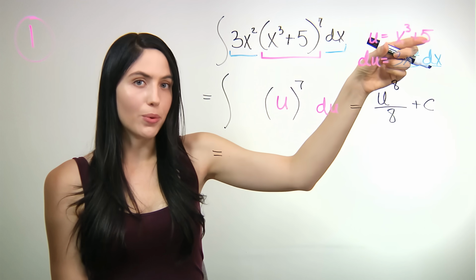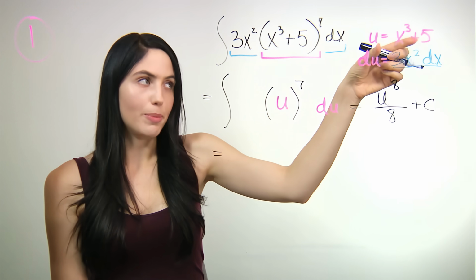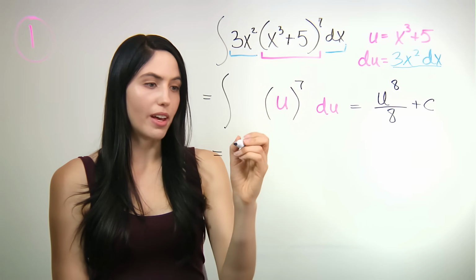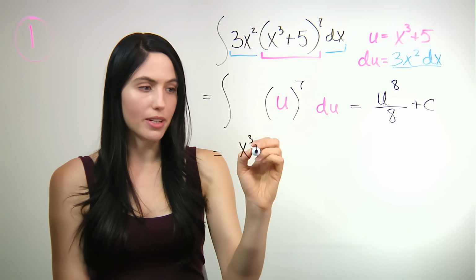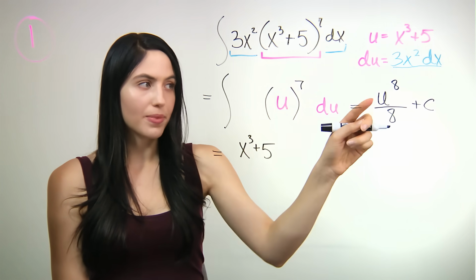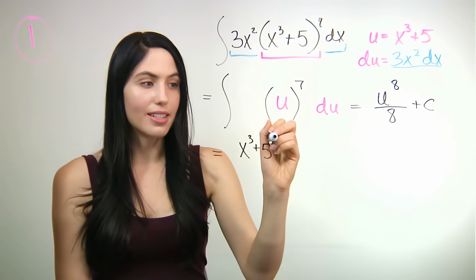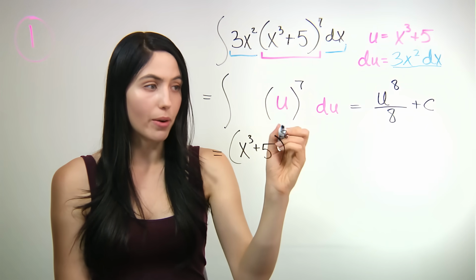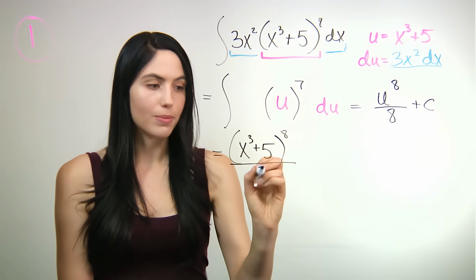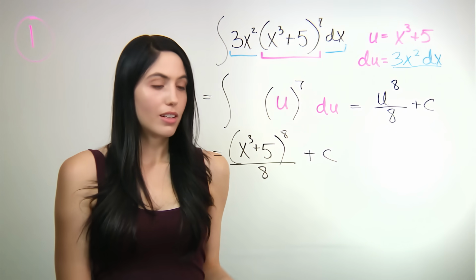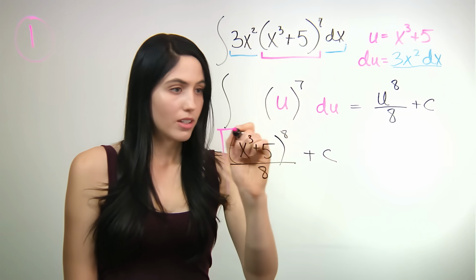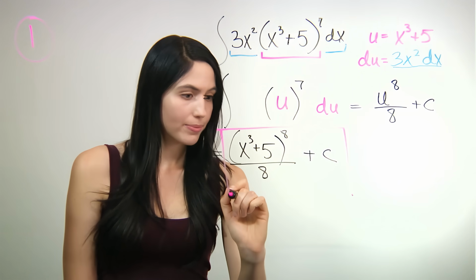Put in for u what you defined it to be, x cubed plus 5. So we have x cubed plus 5 to the 8th power. It's all to the 8th power over 8 plus c. So that is your final answer for the integral.